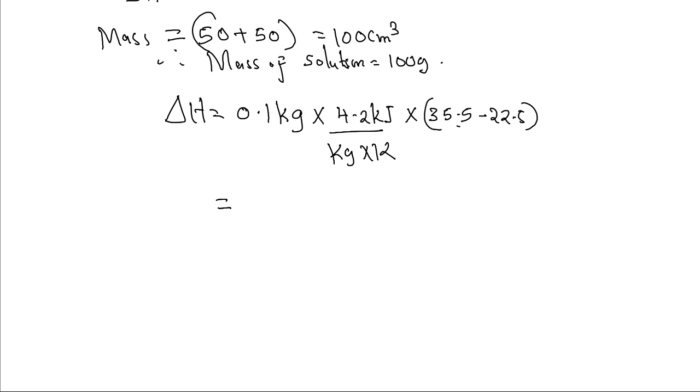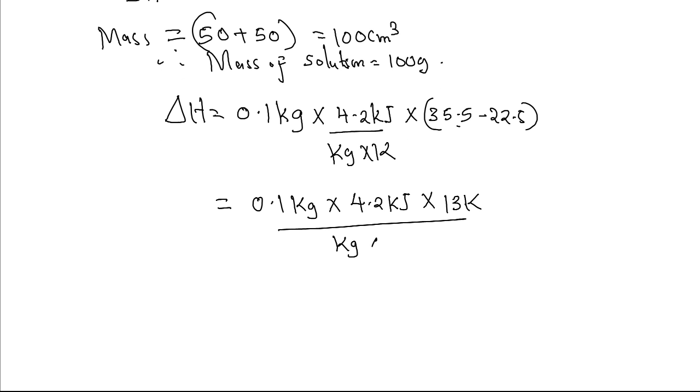So that is equal to 0.1 kilogram times 4.2 kilojoule times 13 Kelvin all over kilogram times Kelvin. That will cancel out, so we remain with 5.46 kilojoule.